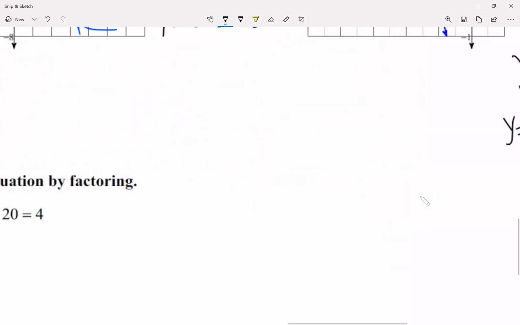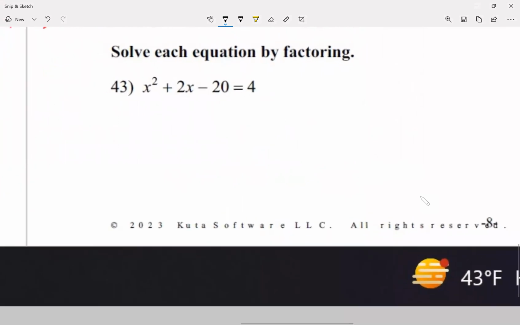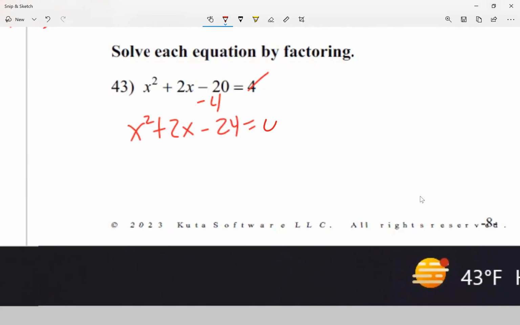Last review, last question. Solve by factoring. The right side should be 0, so the positive 4, let me move it to the other side as a minus 4. Don't forget to switch the sign. So then I have that x squared plus 2x minus 24 is equal to 0.